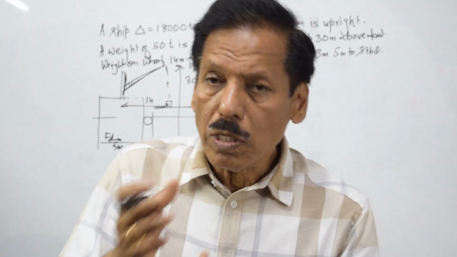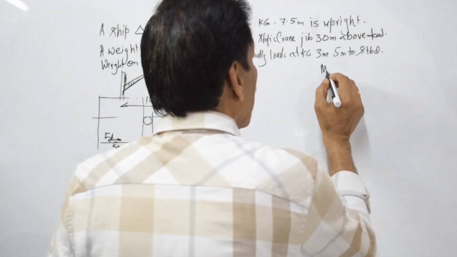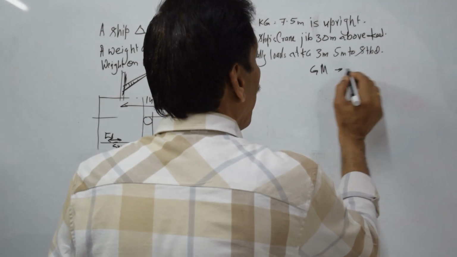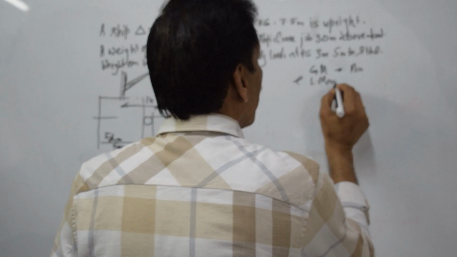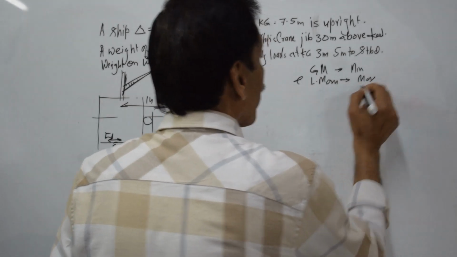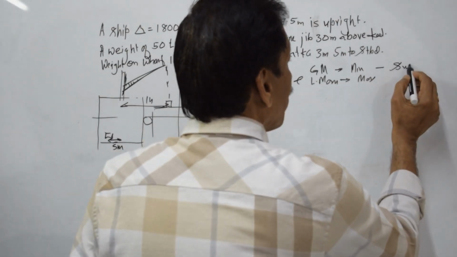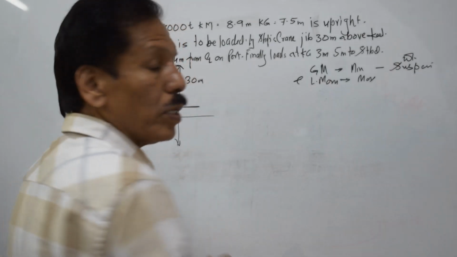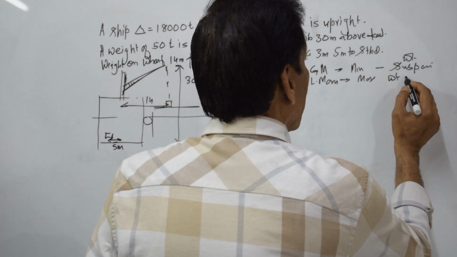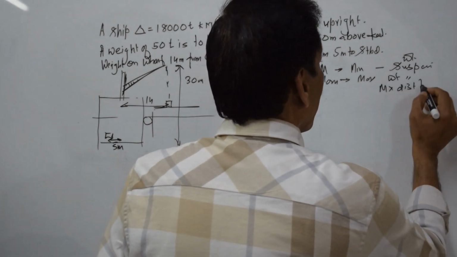So in order to have a maximum list, what we want is the GM to be minimum and listing moment to be maximum. GM will be minimum when the weight is suspended, and listing moment will be maximum when the weight, while suspended, is at maximum distance from the center line.